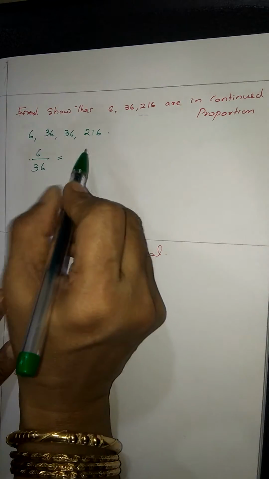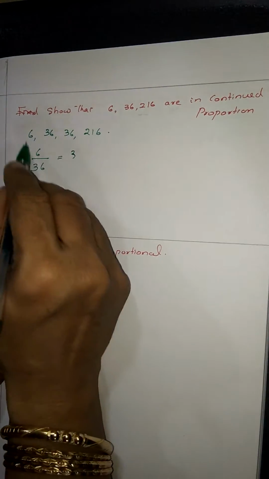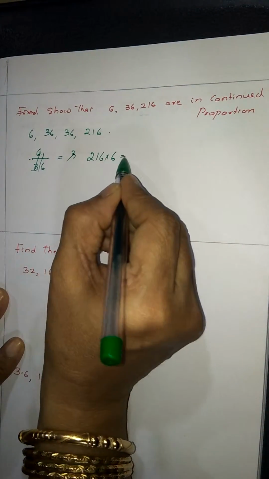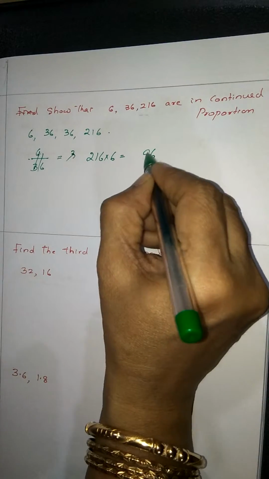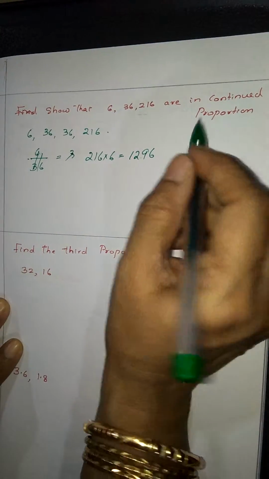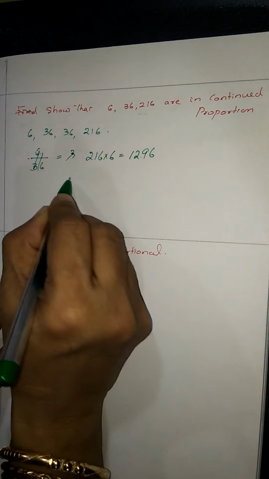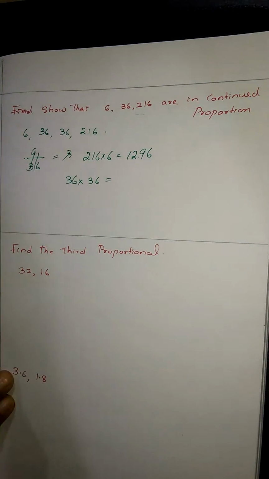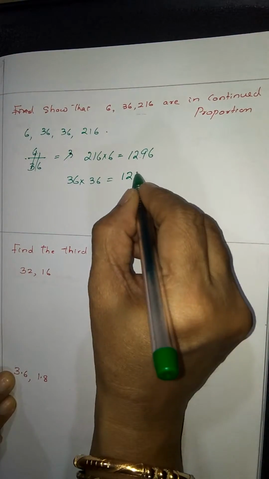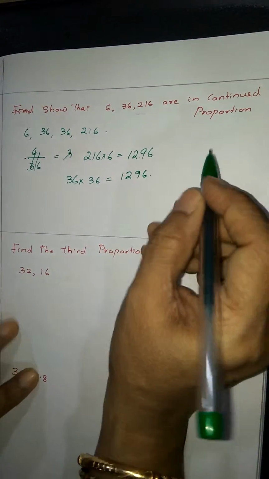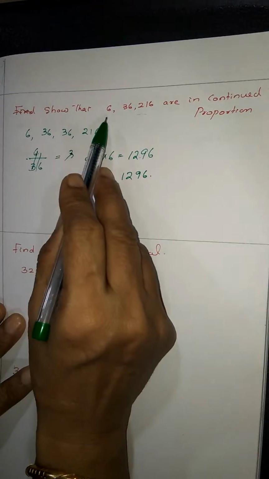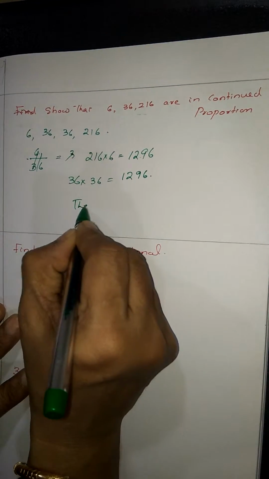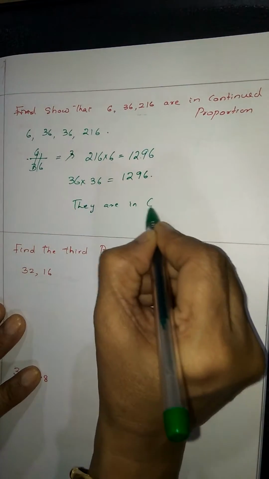We will multiply 216 into 6, which is equal to 1296. Now 36 into 36 is also 1296. So the numbers 6, 36 and 216 are in continued proportion.